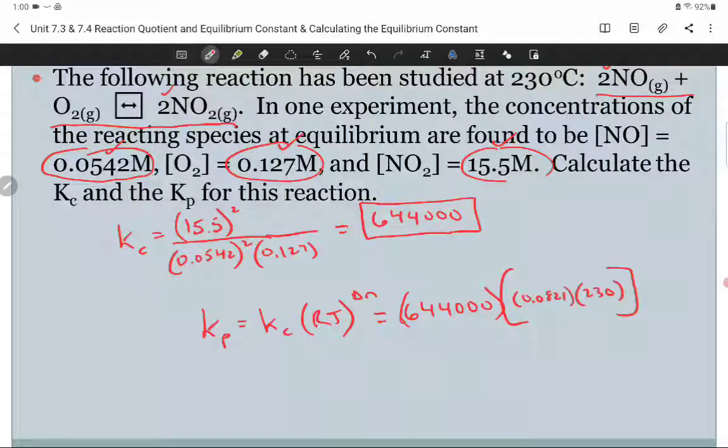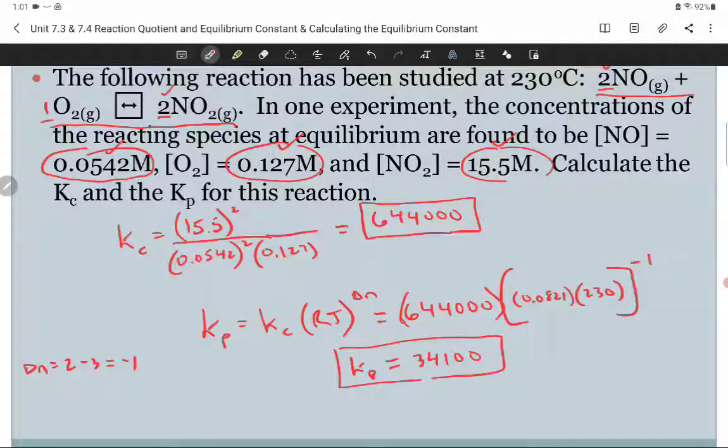And then we need the delta N part. So we had 2 moles of gas, and then we had 2 and 1 more, 3 as a reactant. So 2 minus 3 is a minus 1. So that's going to make you take the reciprocal of that in there. That math, Kp, is that.